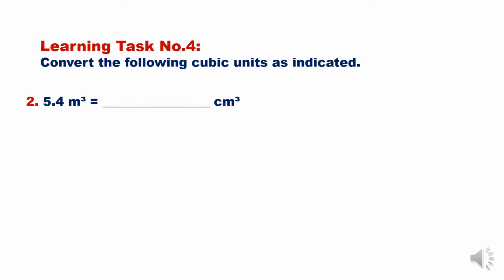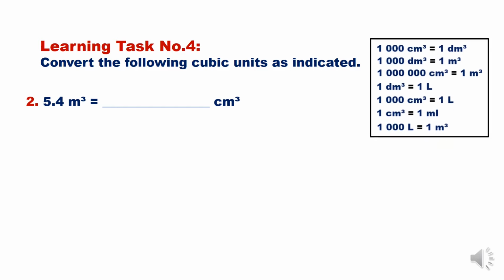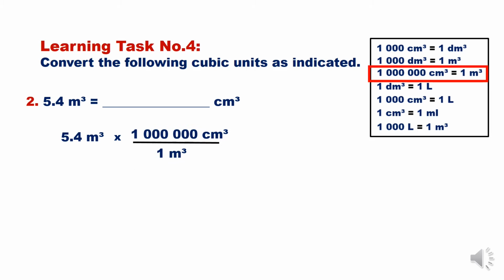Number 2, 5.4 cubic meters equals blank cubic centimeters. Gamit ang conversion, cubic centimeter to cubic meter. Let's multiply. Cancel first. And multiply 5.4 times 1 million divided by 1.